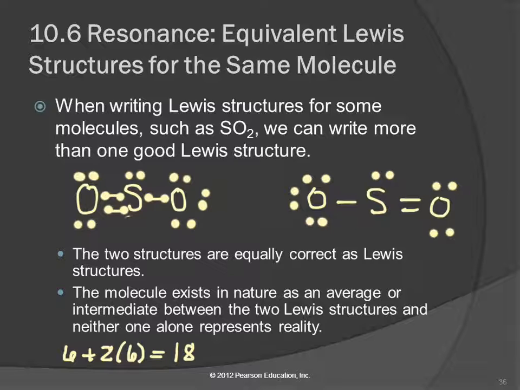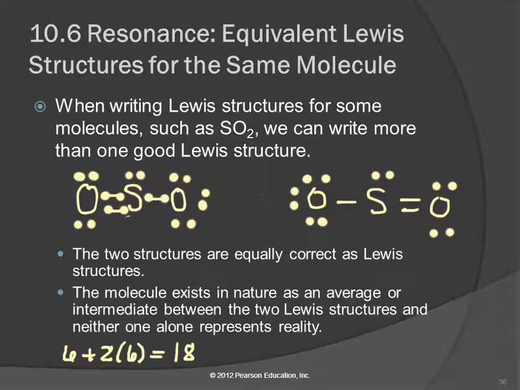They're equally correct. And so these are called resonance structures. And what happens is, not that we have 2 different molecules and that the double bond is switching back and forth or anything, but that it's actually sort of a hybrid.